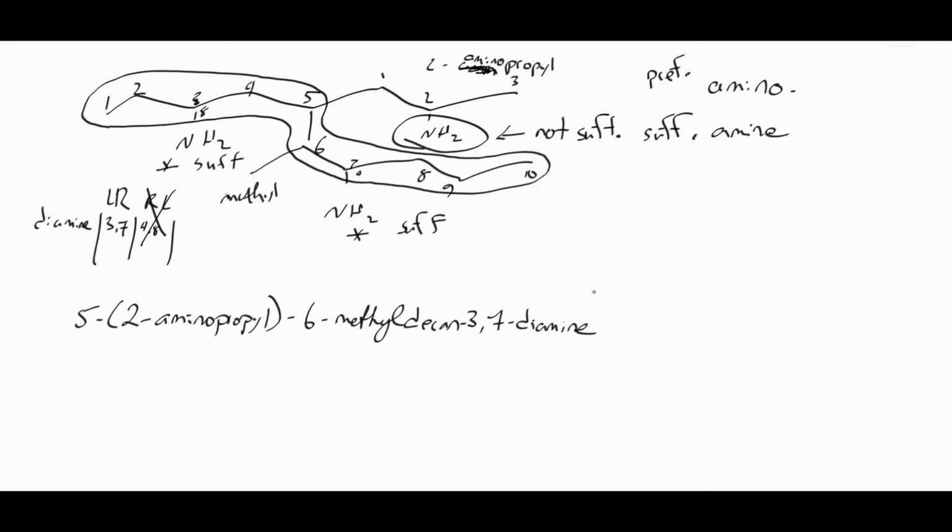Okay. So let's see if I can't write that out explicitly for you. So 1, identify suffix group with priority. So right now you only have the one suffix group that has priority. That's the amine.